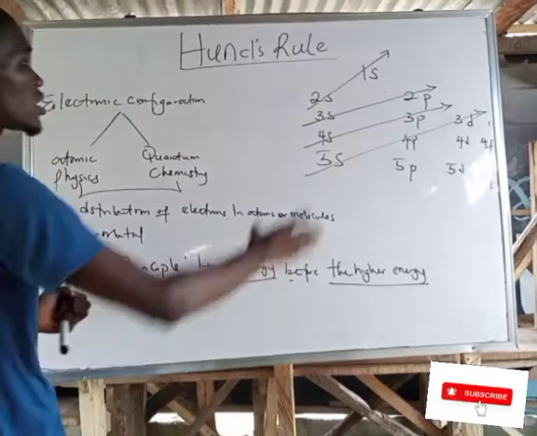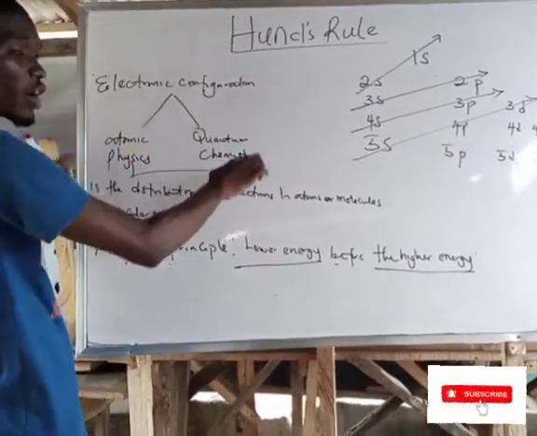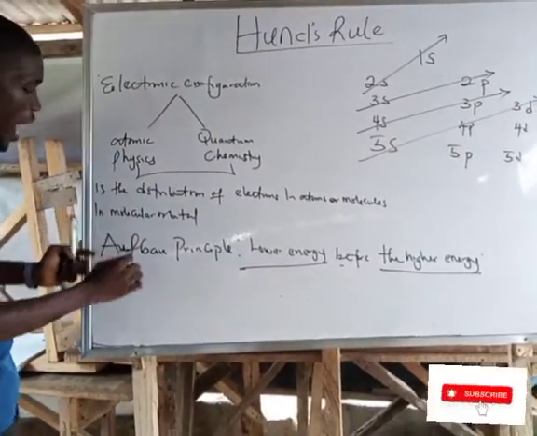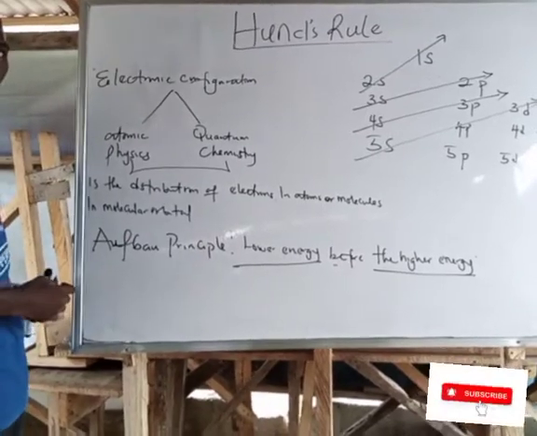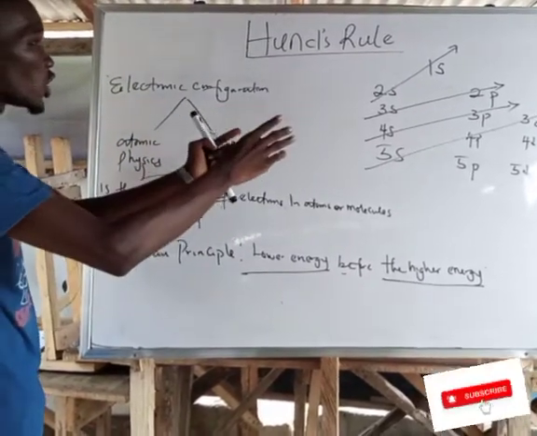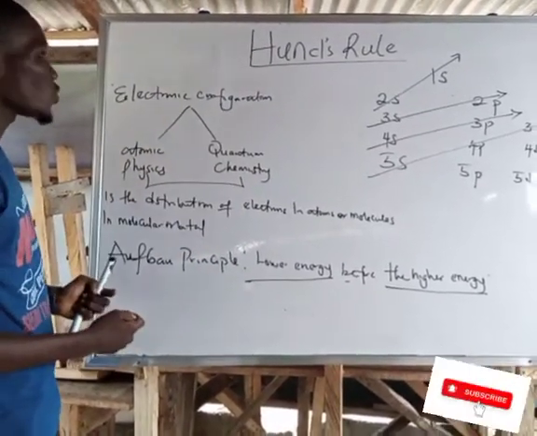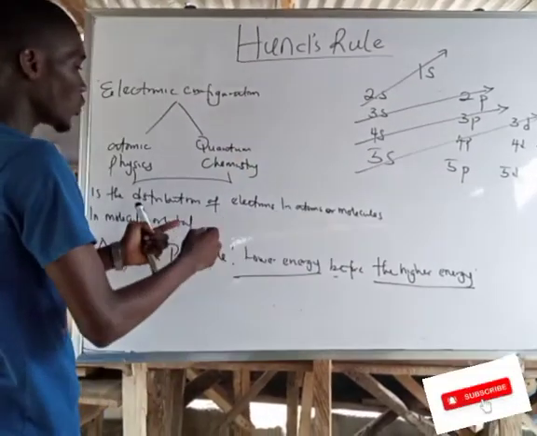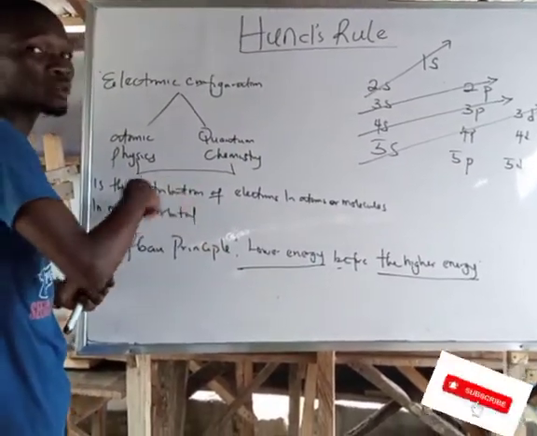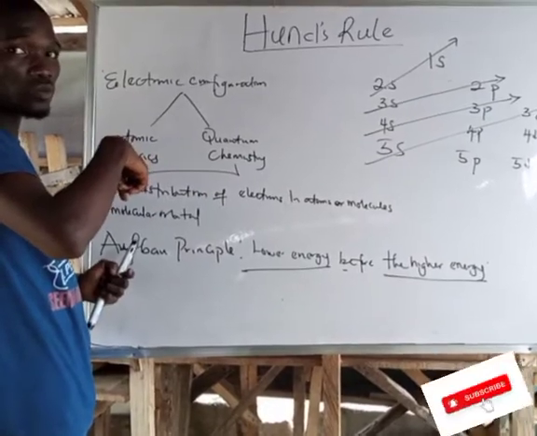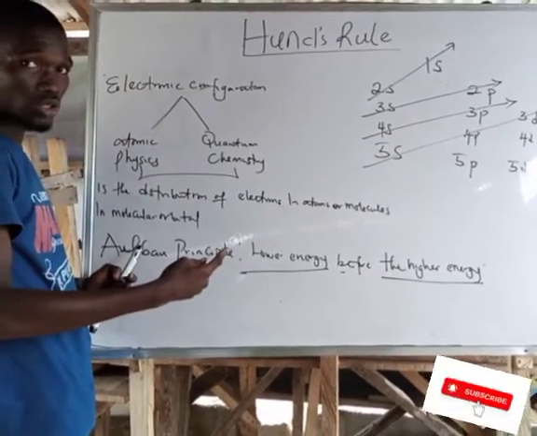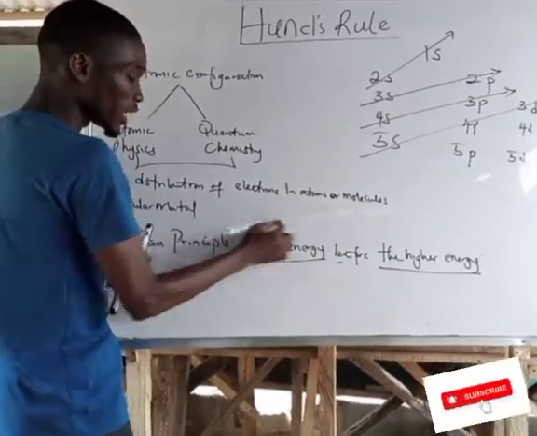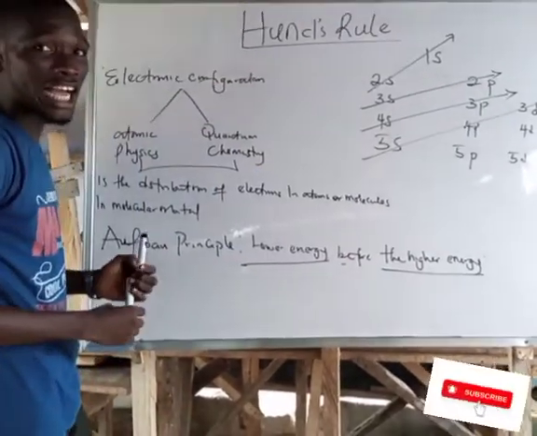So how do you relate this to electronic configuration and the Aufbau principle? With this, we can tell that there's equal distribution of electrons in an atom, and you must also fill in the lower energy before the higher energy.